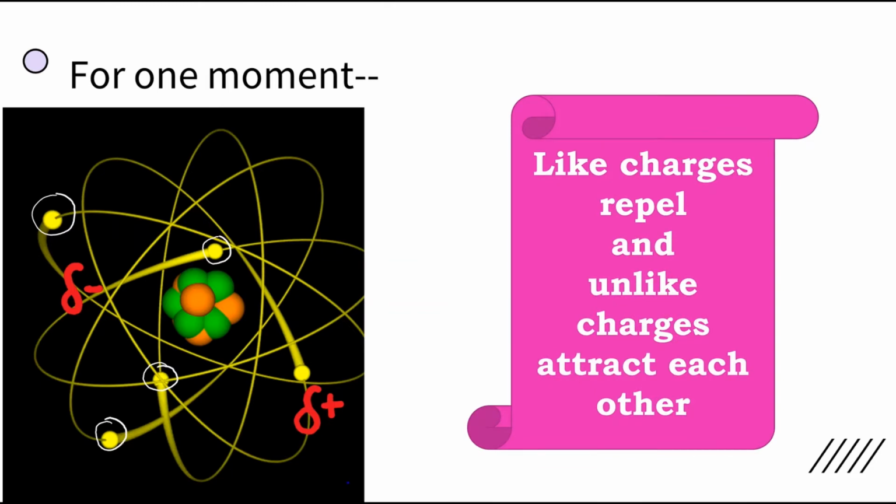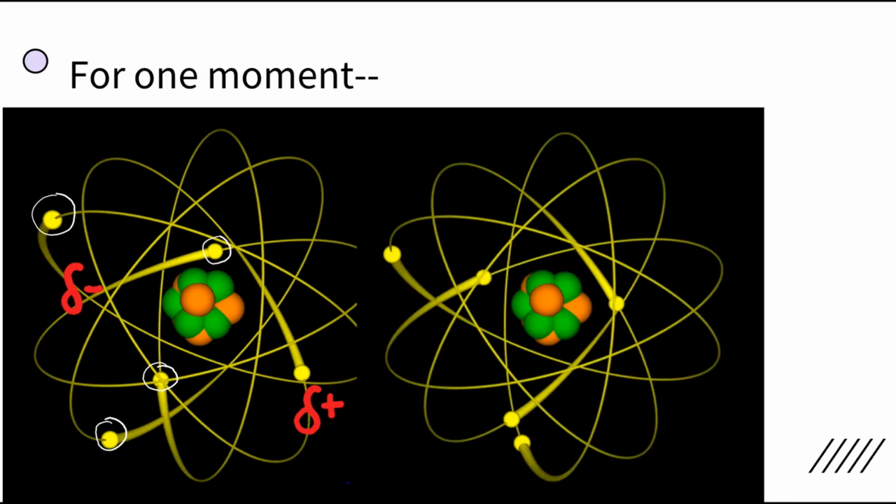So if we have a partial positive charge on the right side of the left atom, then the negative electron cloud might be attracted towards it in the right atom. This creates a partial positive and negative charge on the second atom as well, right?